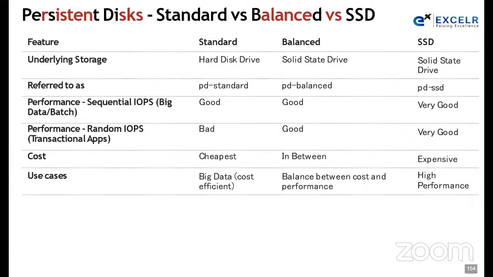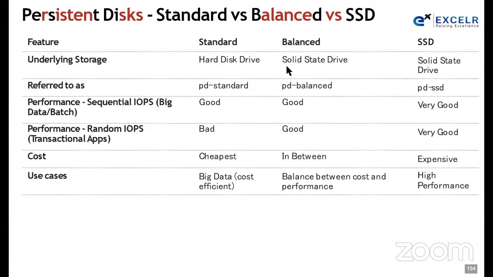You can compare it with the hard disk attached to your laptop, which has a spinning part, and because of that spinning part, it is not going to give you that high performance as compared to solid state drives. A solid state drive does not have any spinning part, and that's the reason it is going to give you more performance.